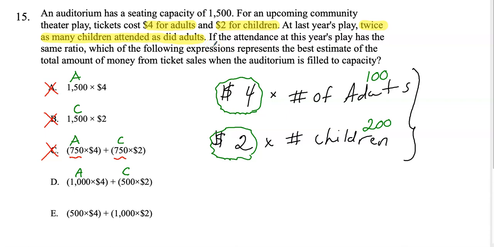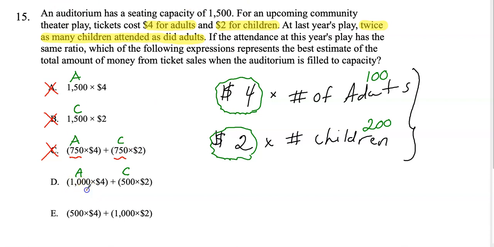Again, it said twice as many children attended as adults. Look over here for this little sample problem. Well, that means that more children showed up than adults, because twice as many children showed up. This says there were more adults than children. Right here, this is saying there's more adults than children.